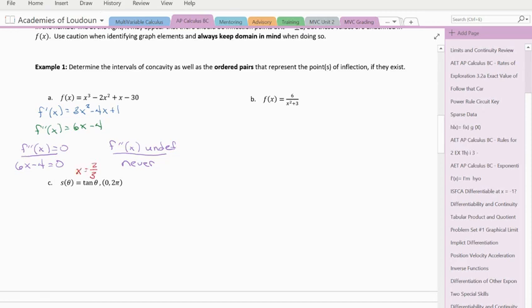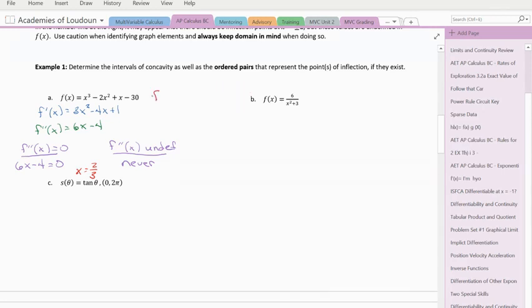Now to find the ordered pair, we simply substitute into our function. And we have that f of 2/3 is going to be 8 over 27 minus 8 over 9 plus 2/3 minus 30.